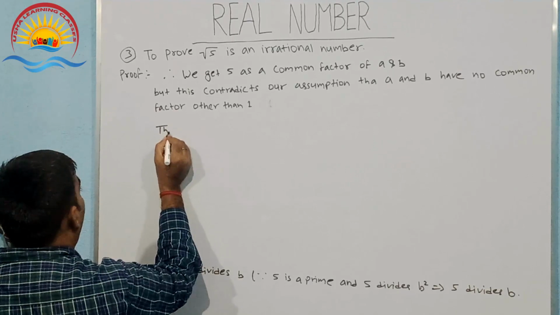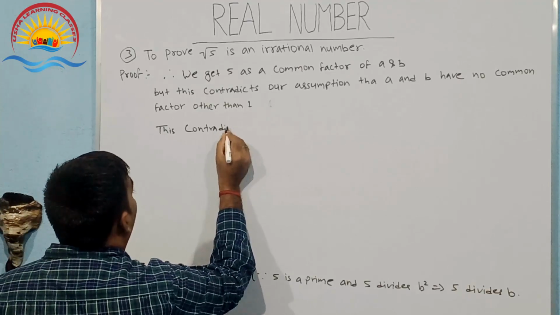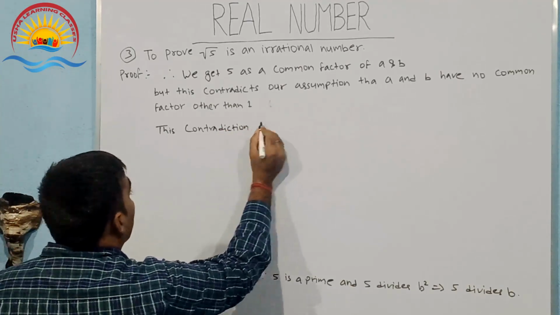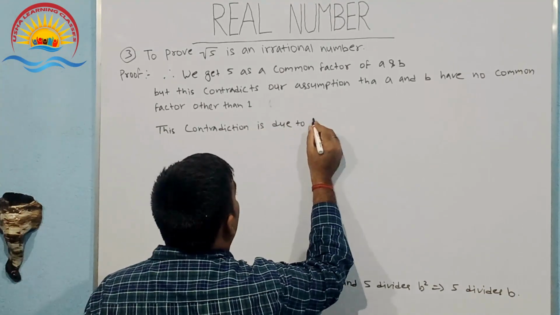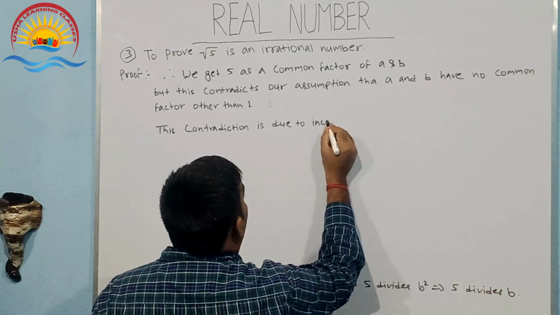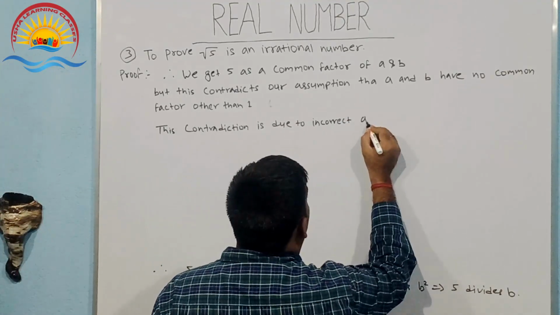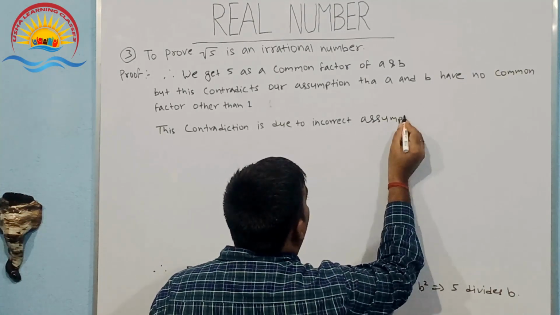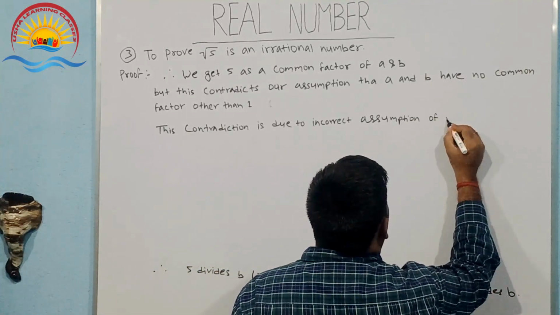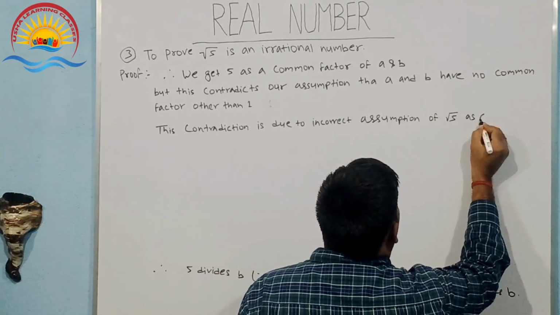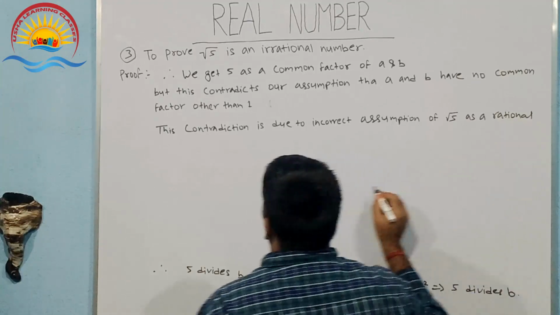This contradiction is due to the incorrect assumption of root 5 as a rational number.